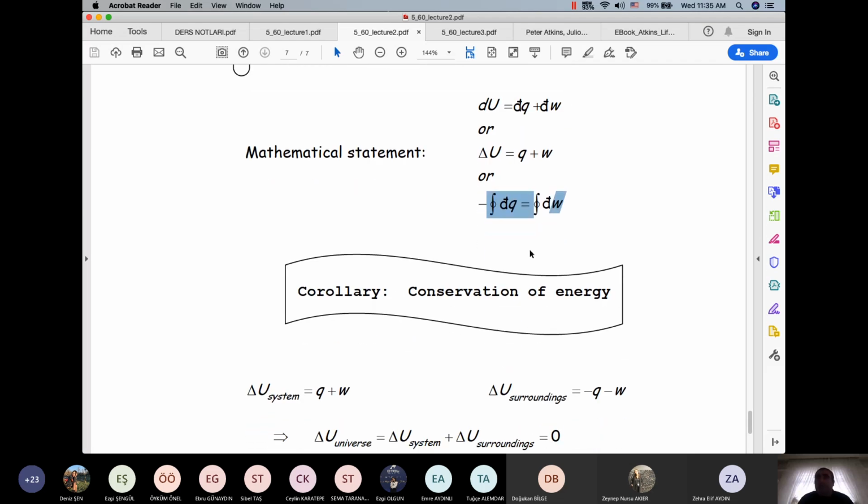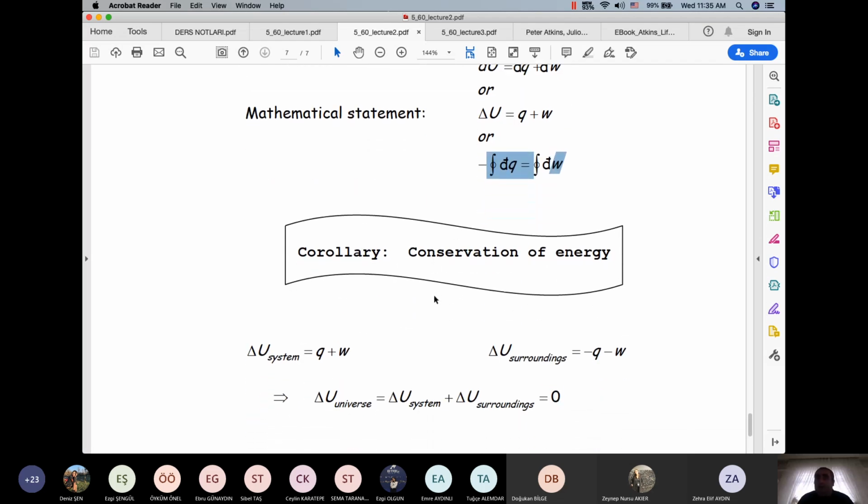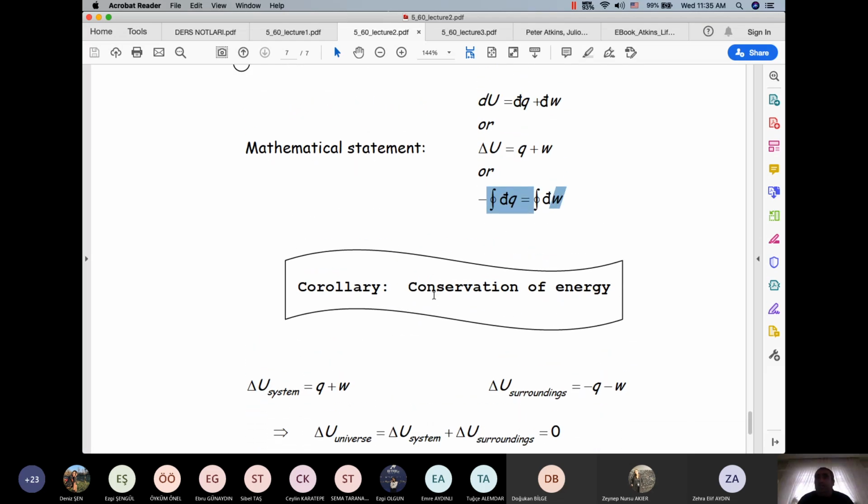İşte biz buna enerjinin korunumu kanunu diyoruz arkadaşlar. Yani sistemin bir çevrim boyunca yapmış olduğu enerji değişimi iş ve ısının toplamına eşit ve bu sabit. Evrenin enerjisi sabittir. Bu güzel bir tanım.